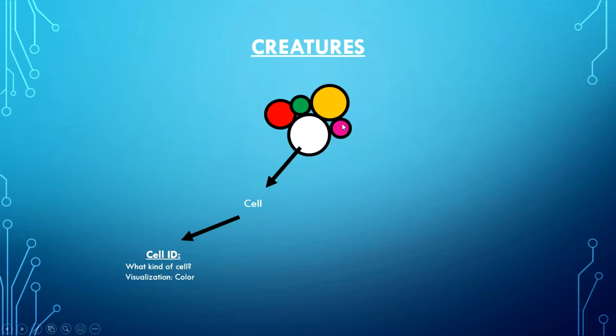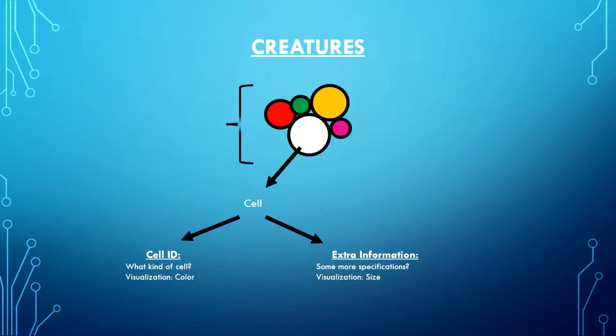And each cell has extra information. It's some more specifications, and the visualization, sorry, I can't pronounce it, is the size of the cell. Some are very big, some are very tiny. And all cells are stored in the DNA.